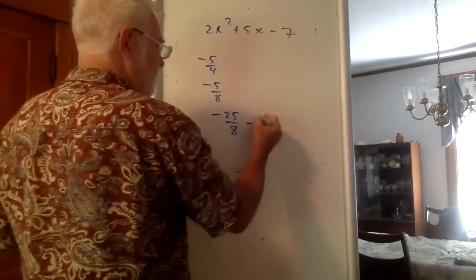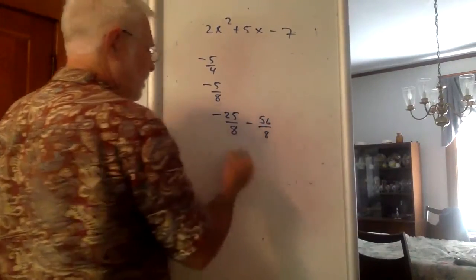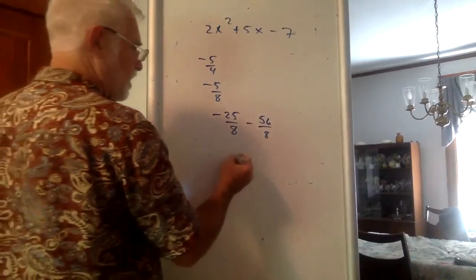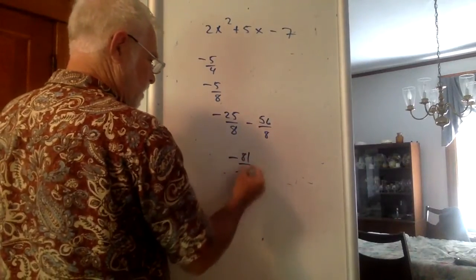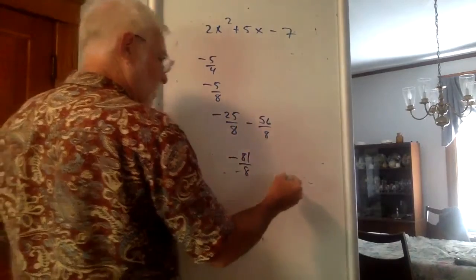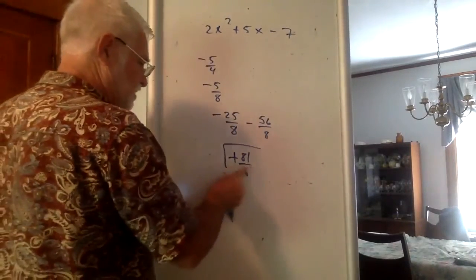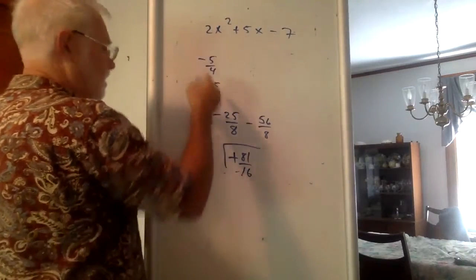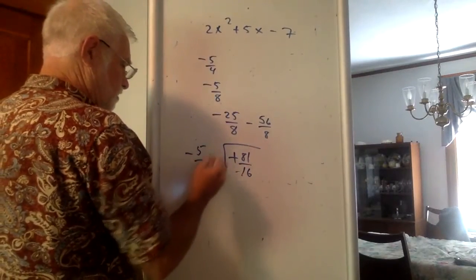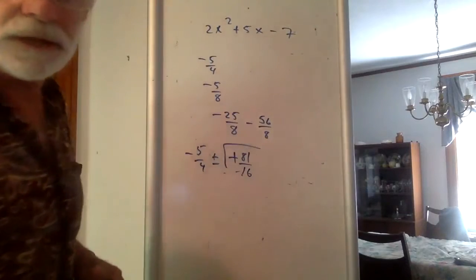Minus 56/8 gets me minus 81/8. So I'm below the x-axis, so I've got to go in the other direction. I got to divide by 2, which makes it 16. And I got to take the, okay, so that should work.